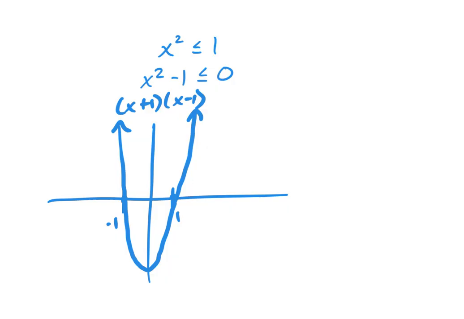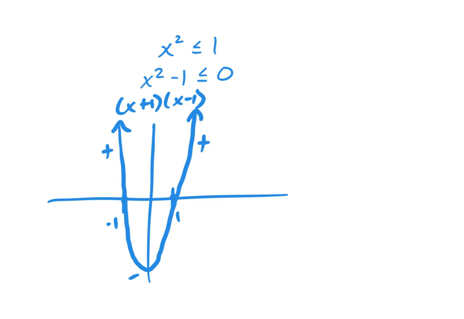And it's going to stay positive until I get to -1. And at -1, it's going to drop below. So it's negative right now, and it stays negative until I get over here to +1, and then it goes back above, and it's positive again. So here it's positive, here it's negative, and here it's positive again. And based off our sign, on this one, we want to know when is it less than or equal to 0.